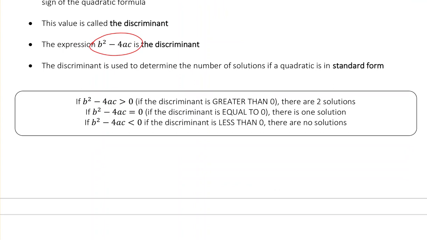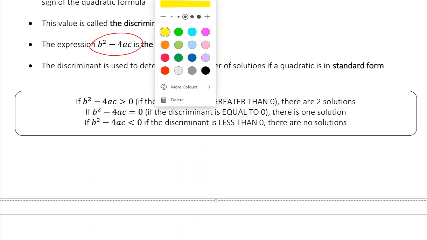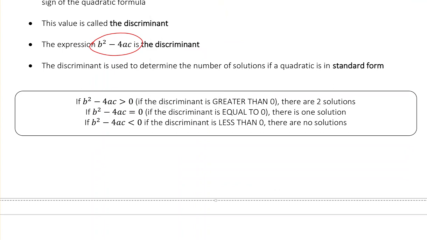Okay, so I'm looking at these things down here. If our discriminant is greater than 0, okay, that's what those signs mean, then there are two solutions. So if you solve b squared minus 4ac and you got, let's say, positive 40, that's greater than 0, you can conclude that there are going to be two solutions.